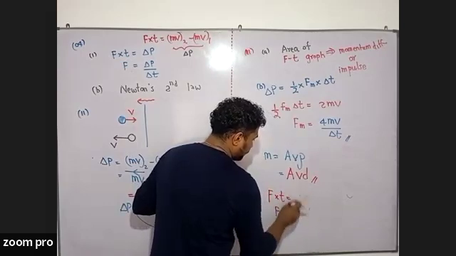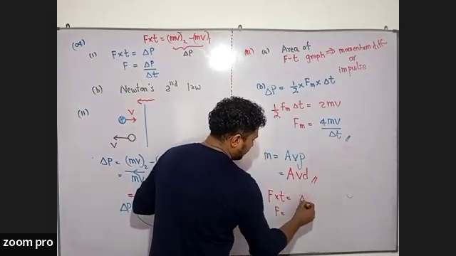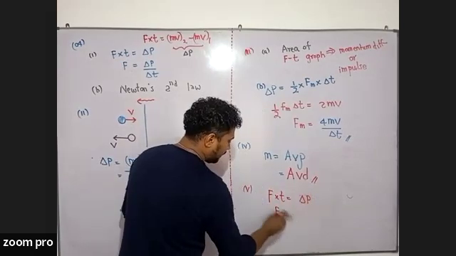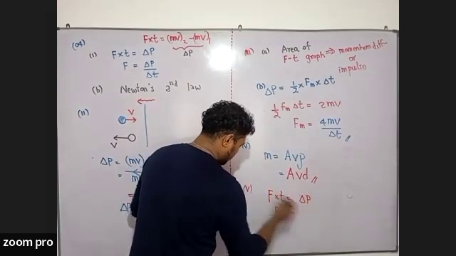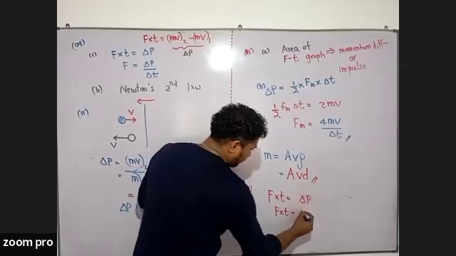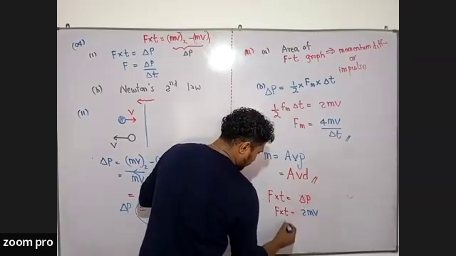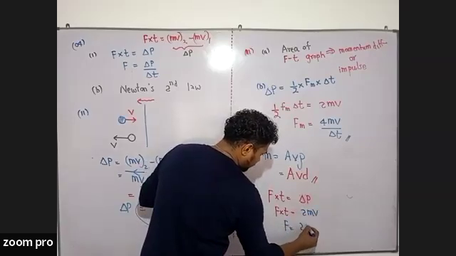F into t equals delta p, and delta p equals 2mv.